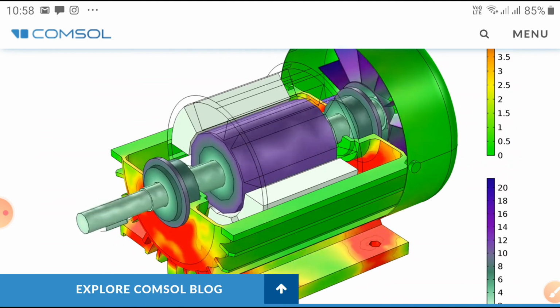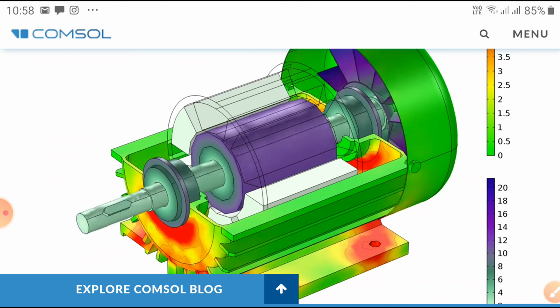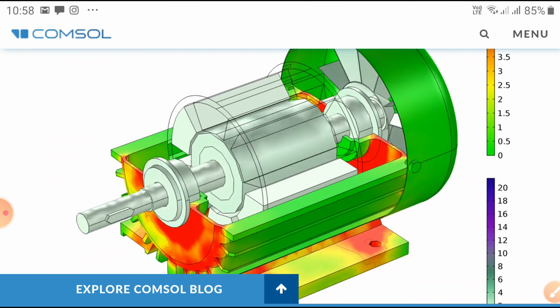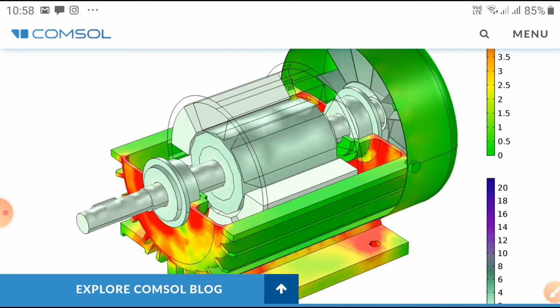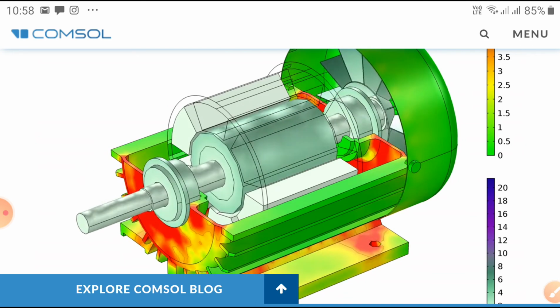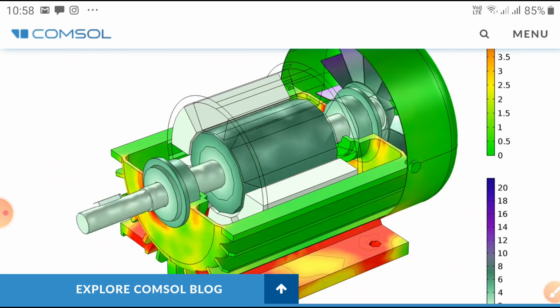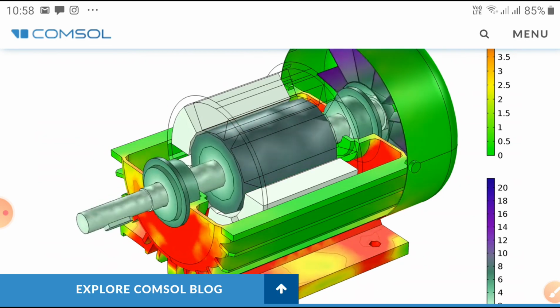Once the stator field and rotor field are developed, they try to move in one direction. Here this is the rotor, and this is the stator, a cut portion, running in this direction.